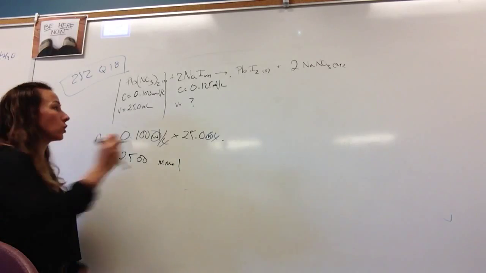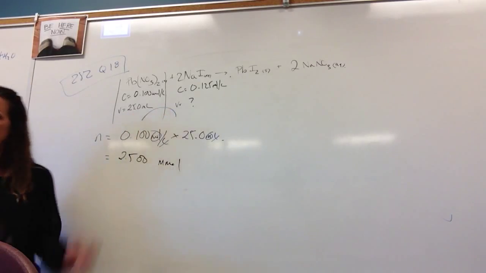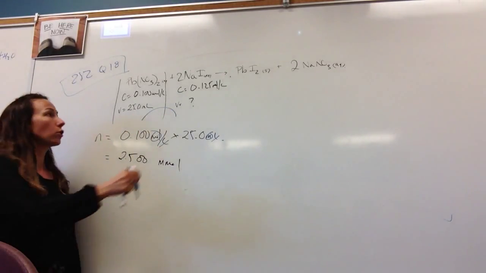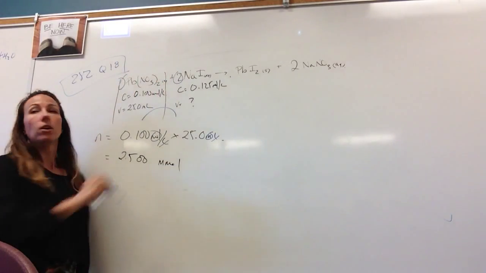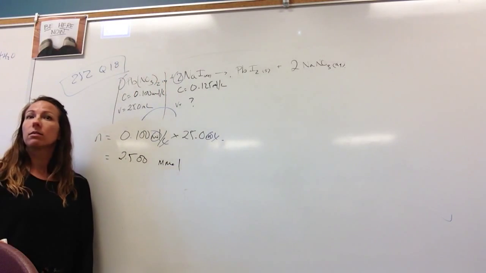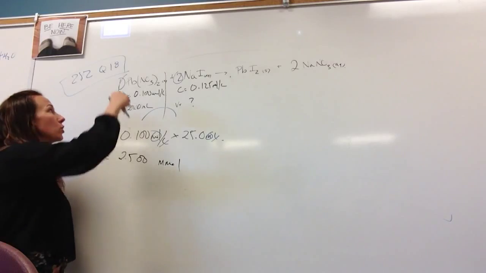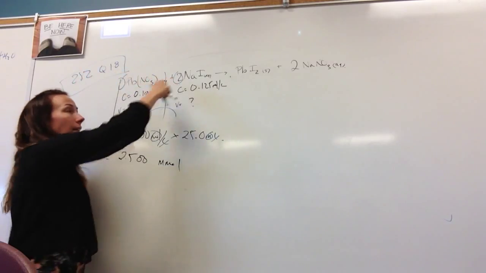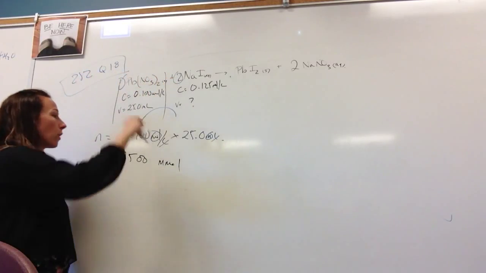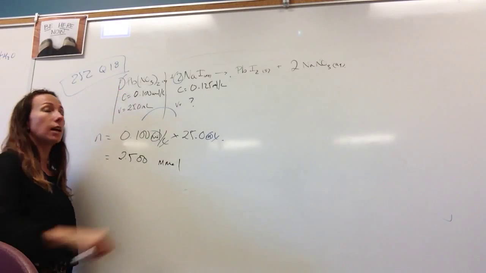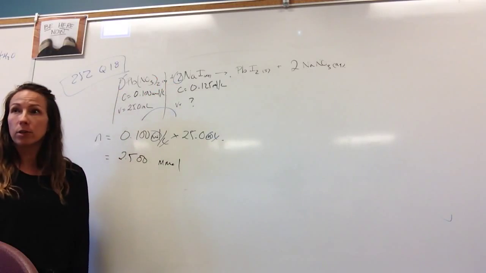So then to go across the bridge, we used to say down the stream, across the bridge. To cross the bridge, I have to look at my mole ratio. It's a 2-to-1 mole ratio. So for every one of these, I need 2 of those. So for every 2.5 of these, I need 5 of those. How did you figure that out?